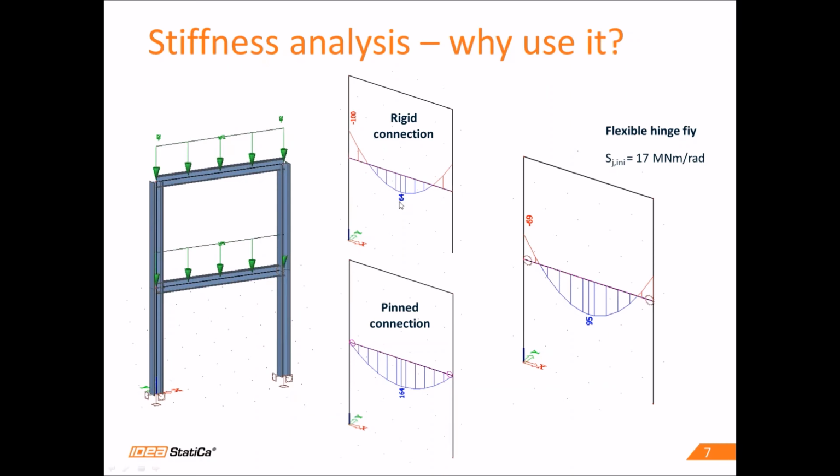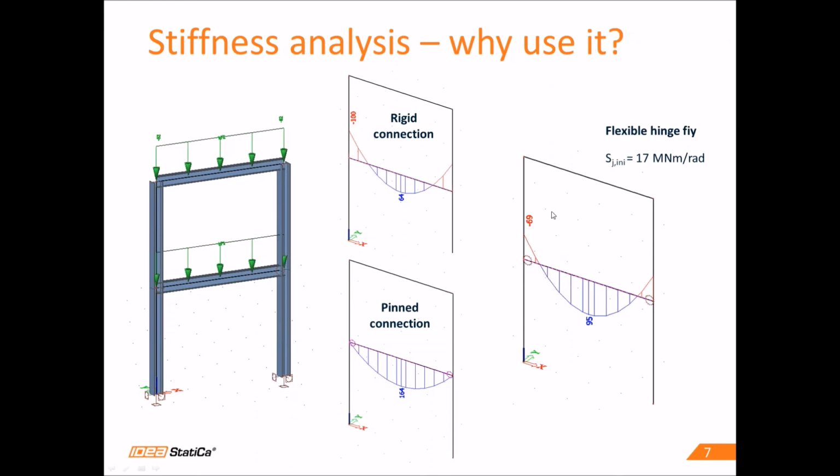It's well known to all of you. And if we add flexible hinges to the ends of the beam with a certain value of flexibility, and we recalculate the project, you can see that the load is redistributed and the values of internal forces are different.